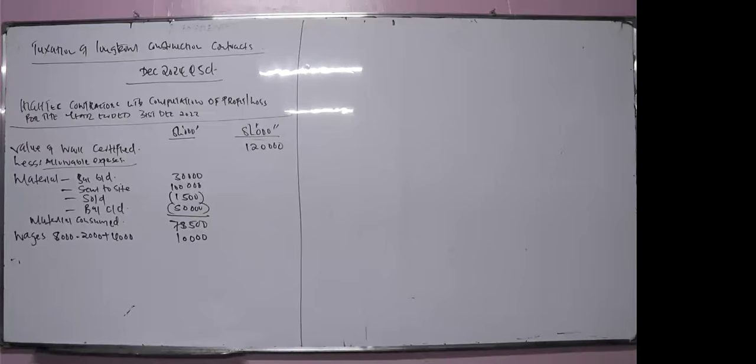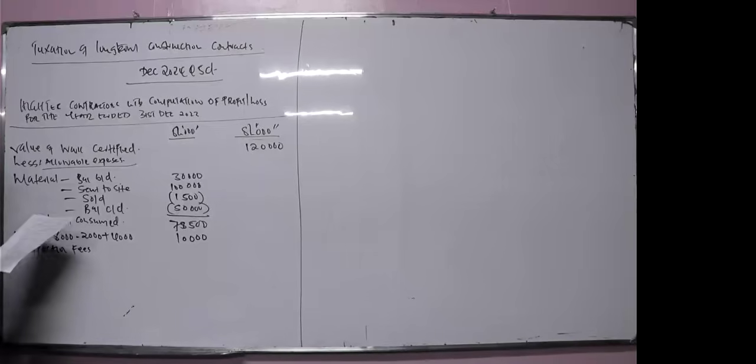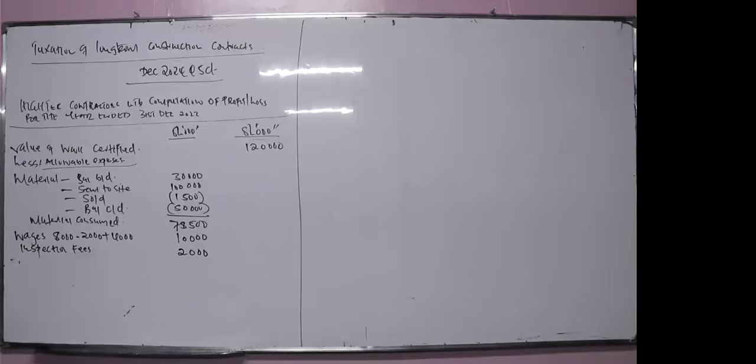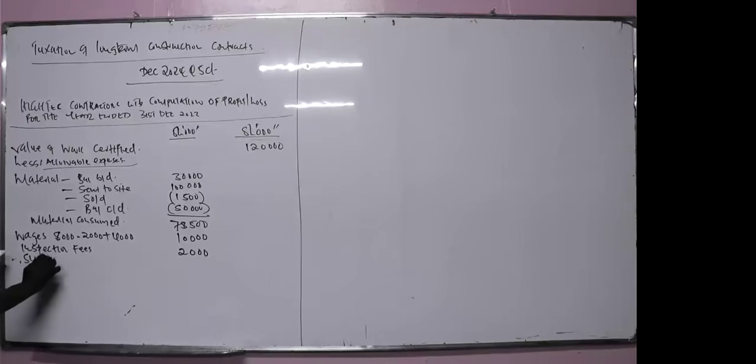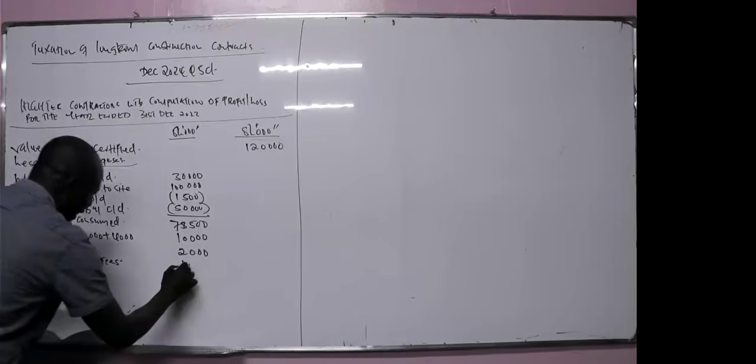Then the next item is inspection fees, allowable, isn't it? 2. That one is allowable. Then we have subcontractors fees, 1,000, allowable, isn't it?